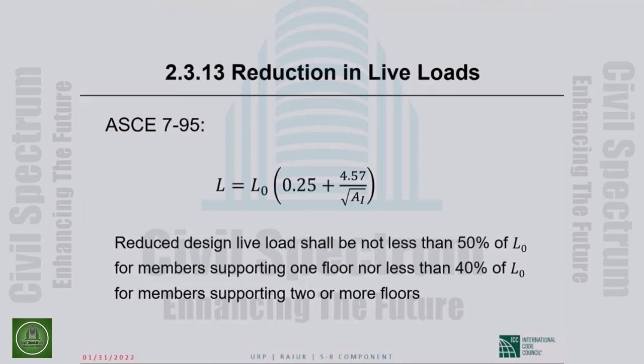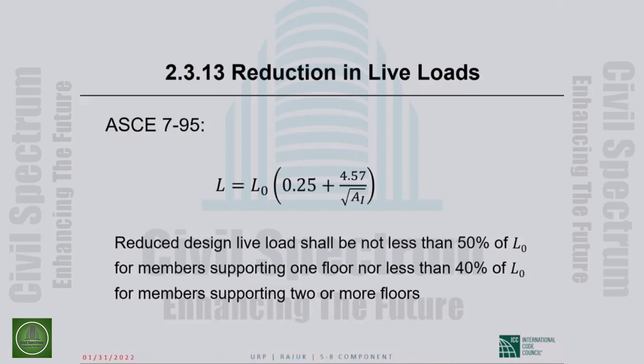And then in ASCE 7-95, they decided to base live load reduction on the so-called influence area. And this again, I'll explain, tributary versus influence area. This was the formula in ASCE 7-95. Your document is ASCE 7-05. BNBC 2020 is based on ASCE 7-05.